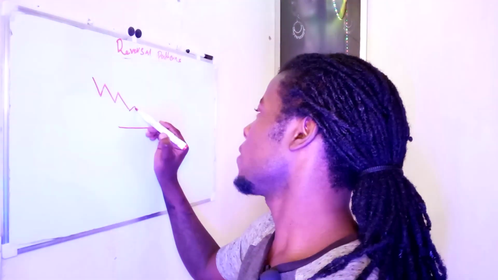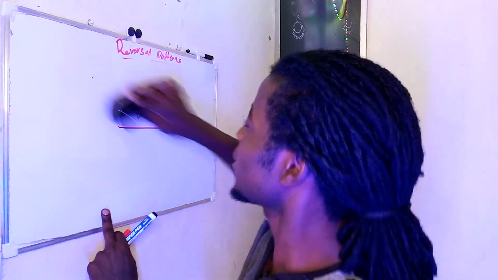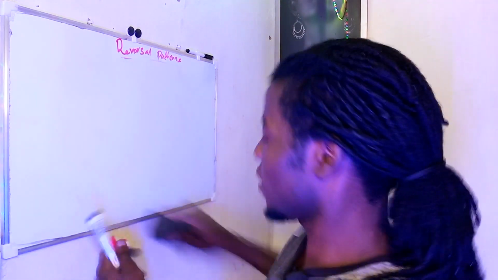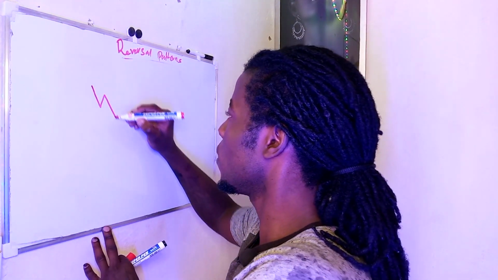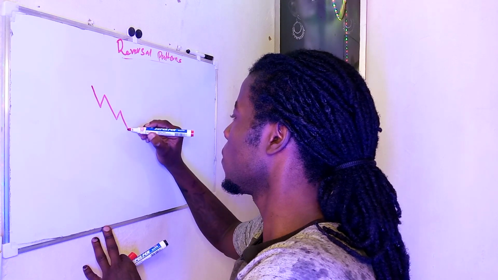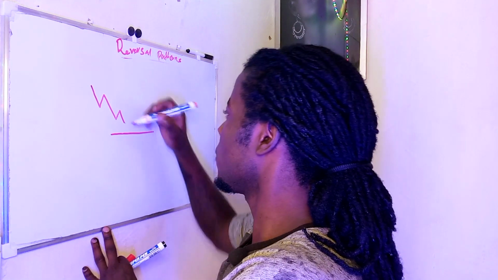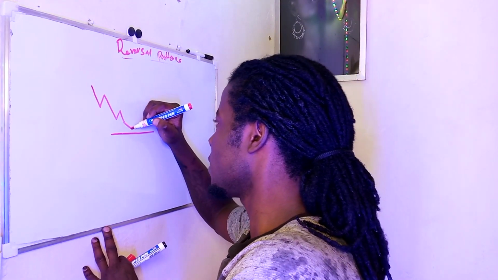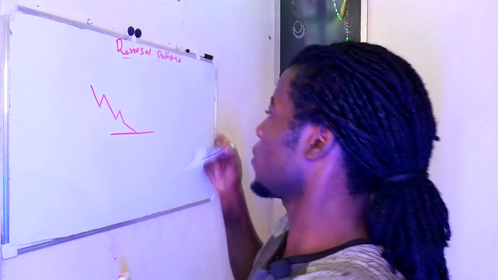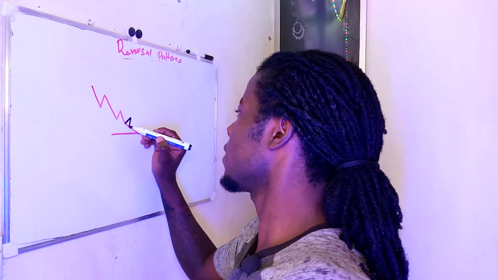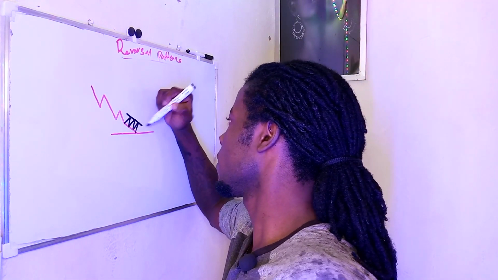The market does lower low, lower high, lower low, lower high, lower low. But when the market is approaching our support, the market does this. Over here, this is what I'm talking about. You see that the market is giving us such kind of structures.